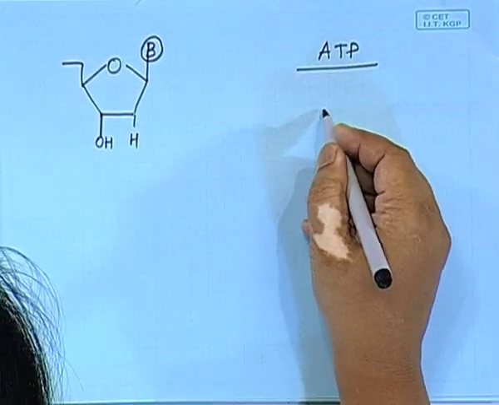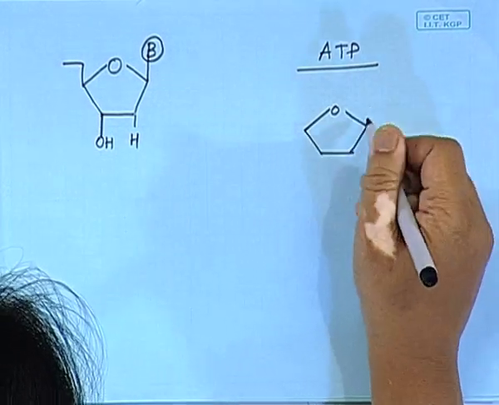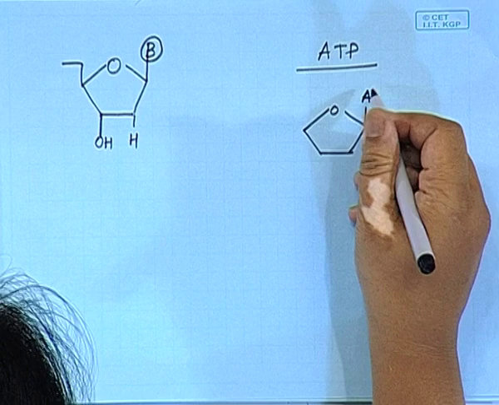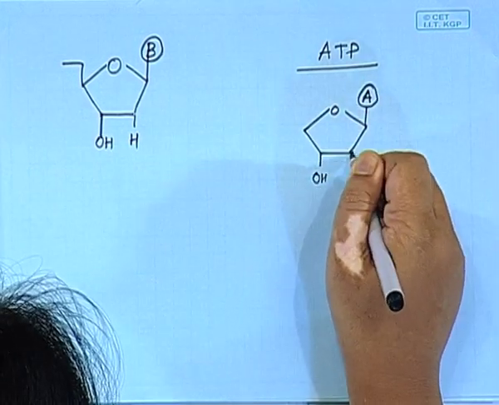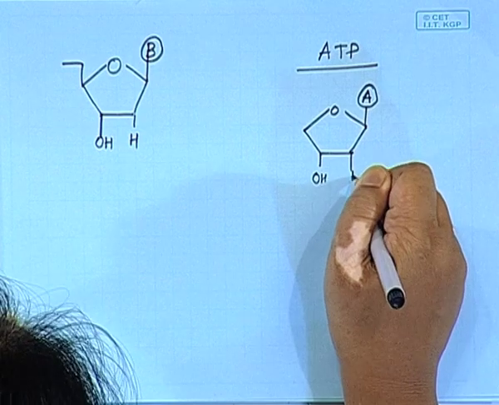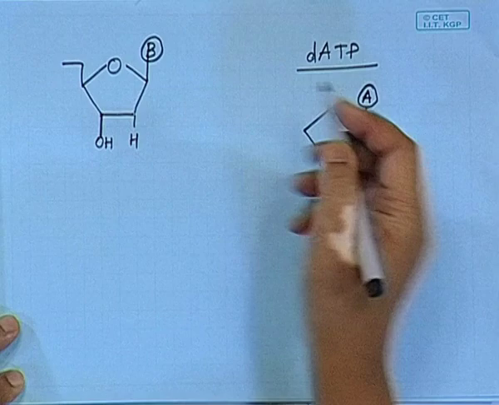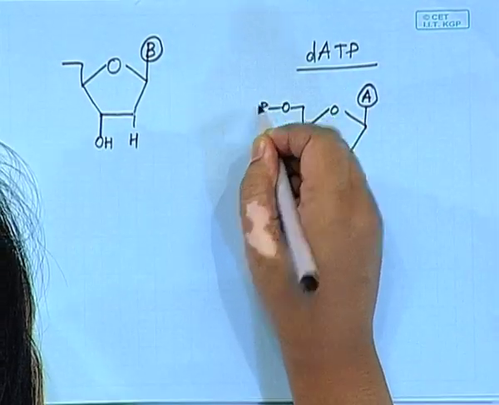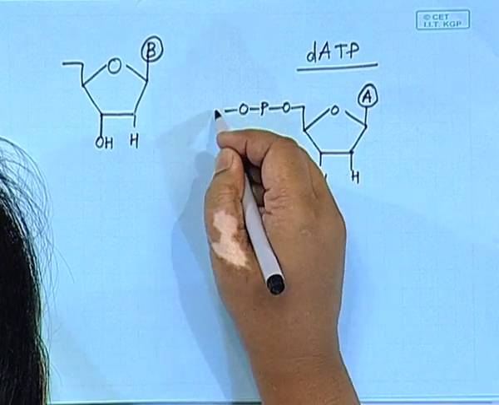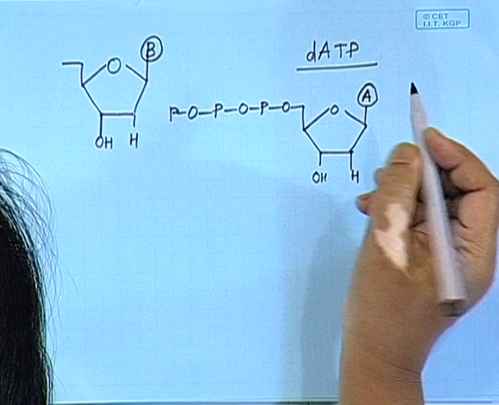ATP means I have O here. I have A basically here, OH here, this is then what? dATP, right. Then I have O, P, O, P. So, what do I have?